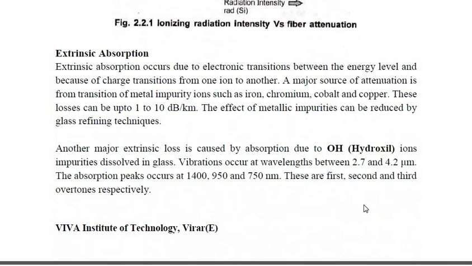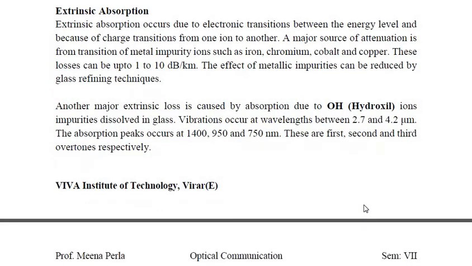Extrinsic absorption, the second type of absorption. Extrinsic absorption occurs due to electronic transitions between energy levels and because of charge transitions from one ion to another.